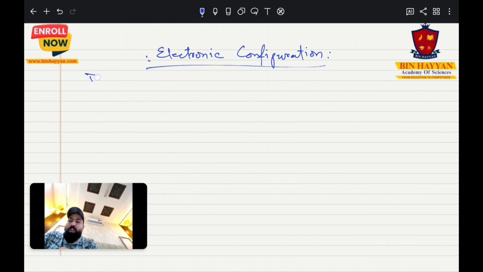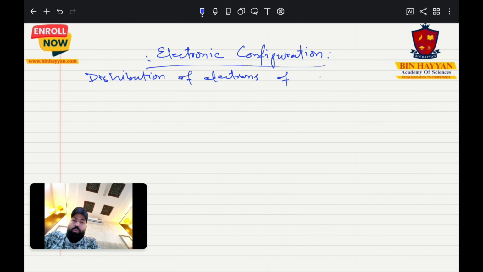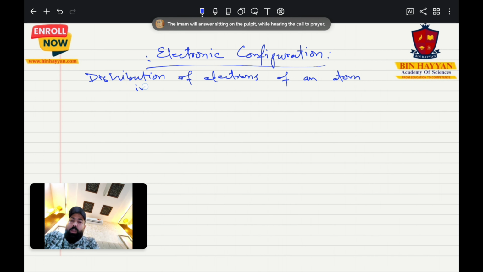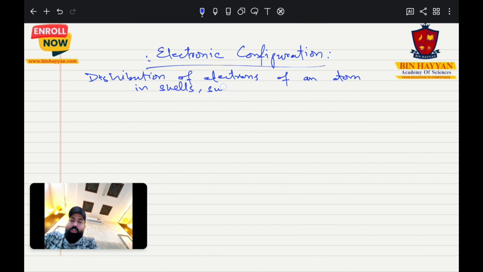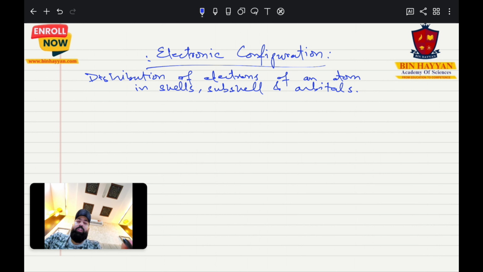It's the distribution of electrons of an atom in shells, subshells, and orbitals. The distribution of electrons of an atom in shells, subshells, and orbitals.